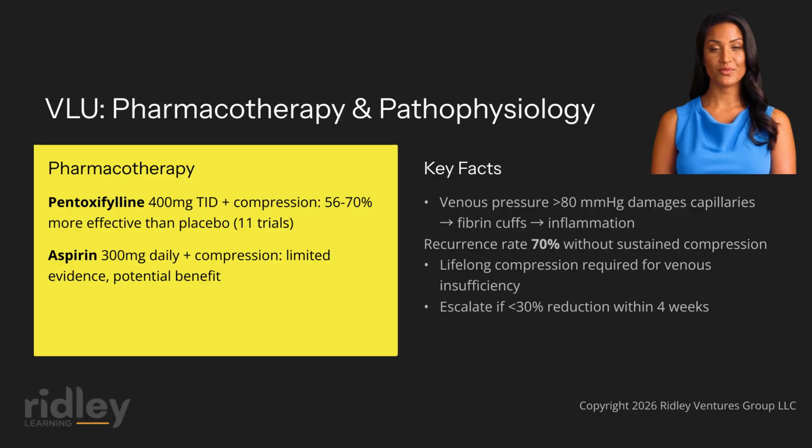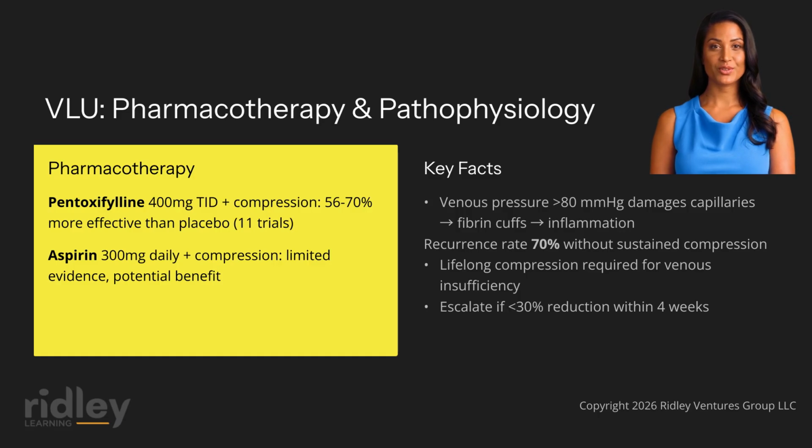This understanding informs the rationale for compression therapy as the primary intervention. By reducing ambulatory venous pressure, compression interrupts the cascade at its origin. But here's the catch. Recurrence rates reach 70% without sustained compression, which really shows the chronic, relapsing nature of the underlying disease and the need for lifelong compression in patients with established venous insufficiency.